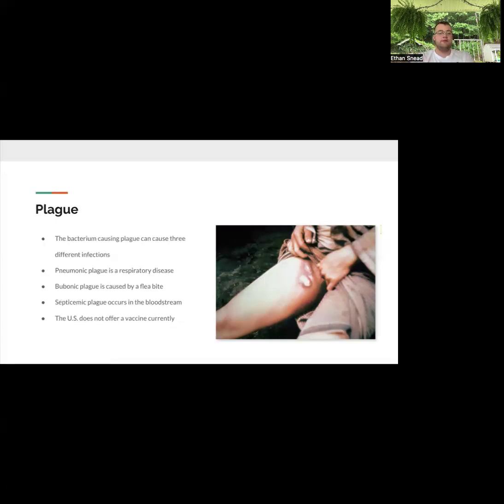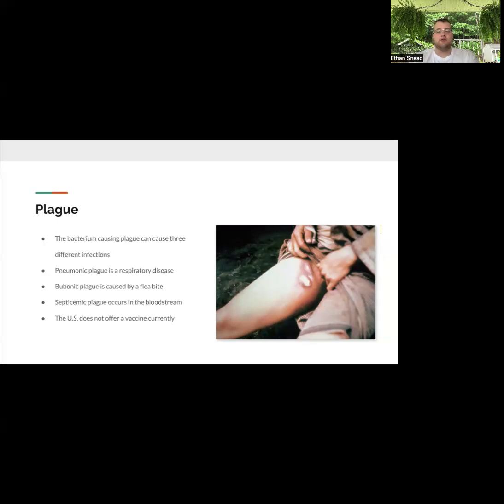The different types of plagues are caused by different bacteria, and they can cause three different infections. The first one is the pneumonic plague, and it's a respiratory disease, and it's acute and often fatal, and it's a form of pneumonia as well, and it's caused by, I'm sorry if I mispronounce this, Yersinia pestis.